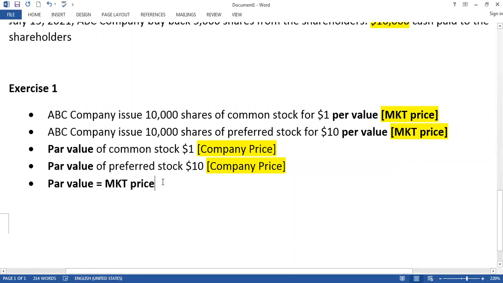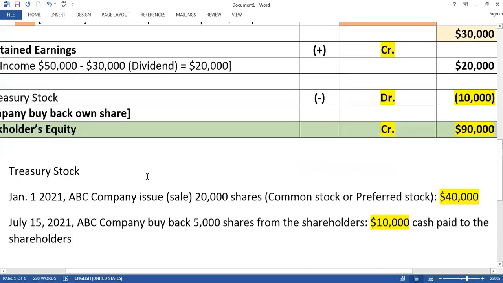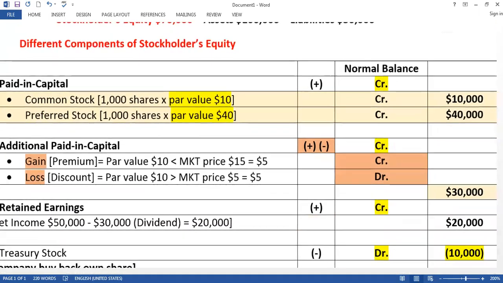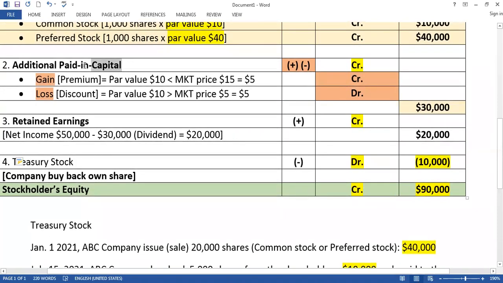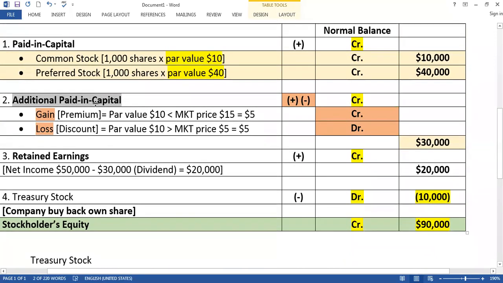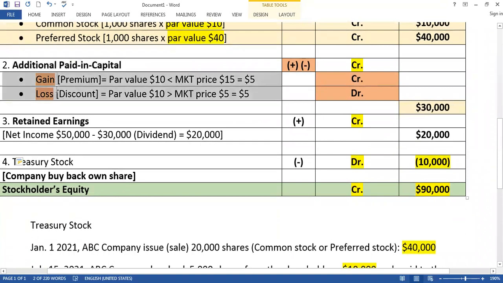So no gain, no loss. If no gain, no loss, then this account will not come. Additional paid in capital will not come for this journal entry because we don't have any gain or loss. If we have any gain or loss, then this account will come, otherwise not.